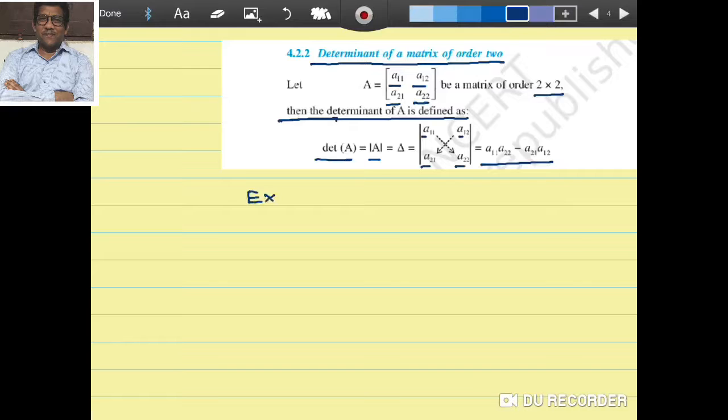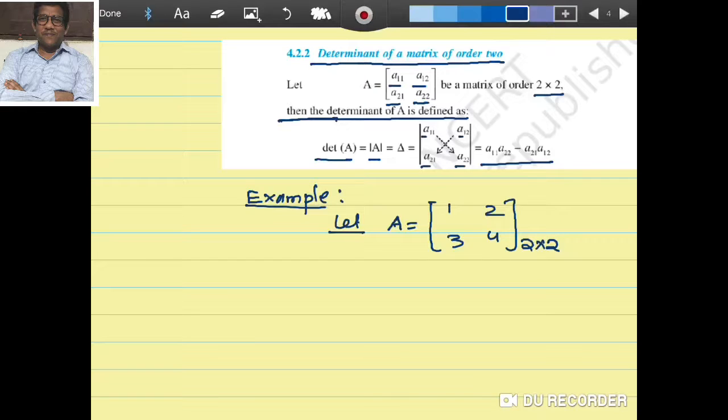Example, let matrix A is equal to [1 2; 3 4]. It is a square matrix of order 2 cross 2.